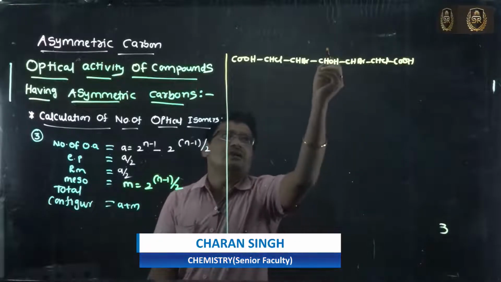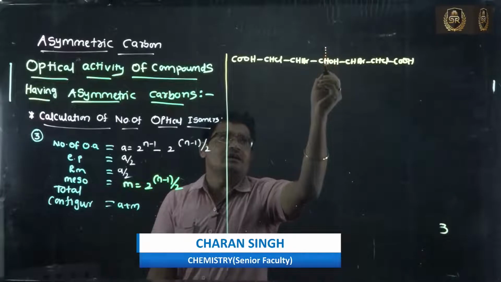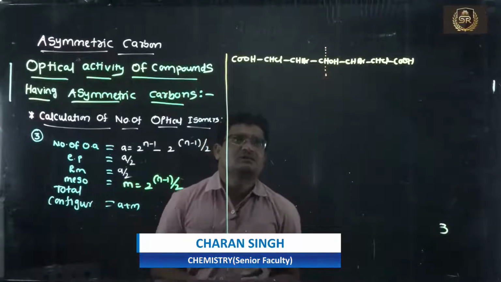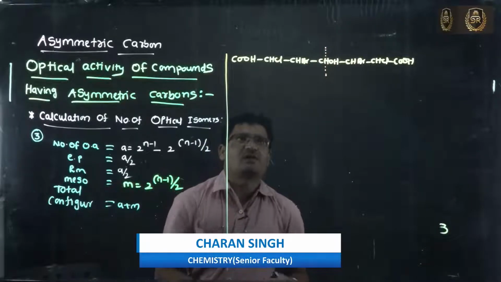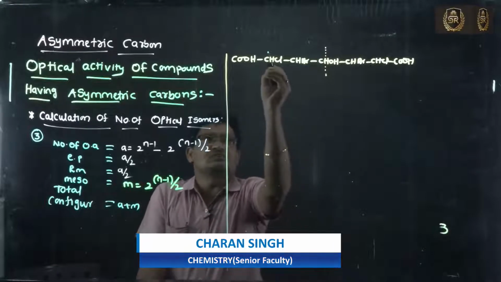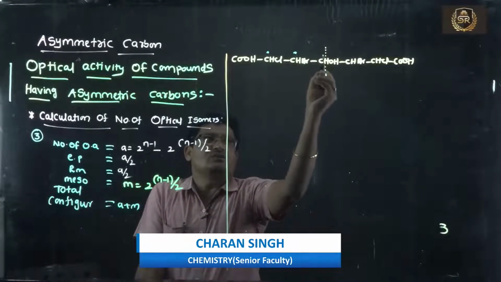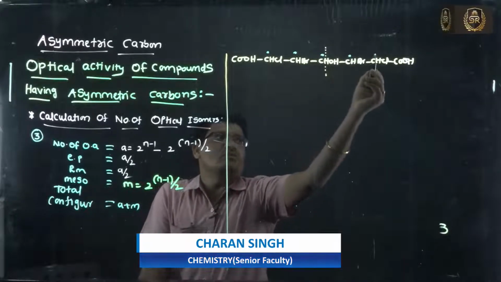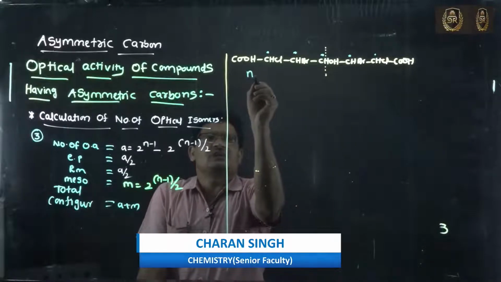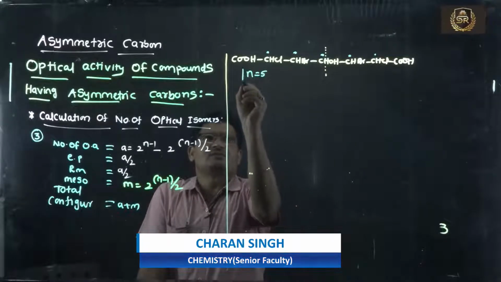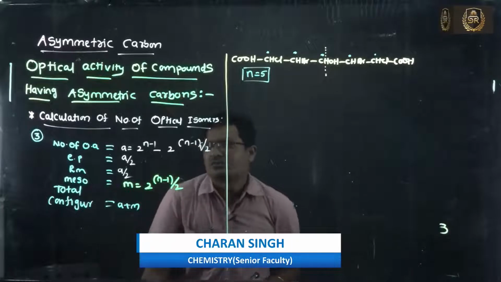Now it can be divided into two identical halves, but there are 5 chiral centers: this is one, 2, 3, 4, 5. That's why n equal to 5.